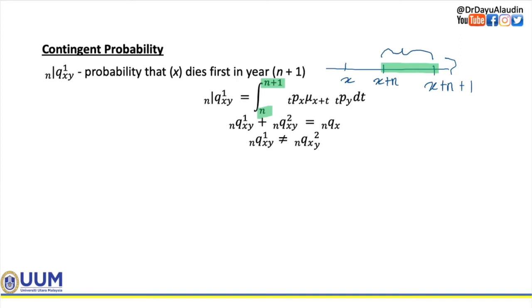And we integrate Tpx mu x plus t, since x dies first, and Tpy, since y survives at t.